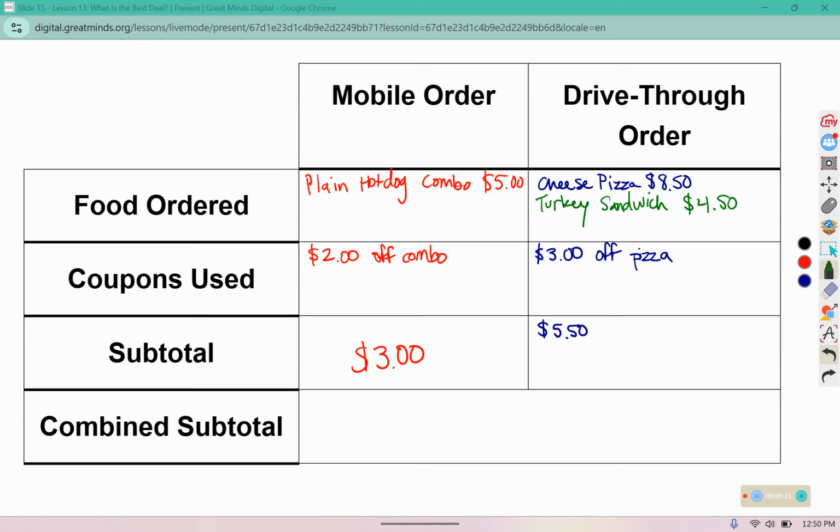Using the paper coupons, $1.50 off of a regular sandwich can be used, which means that our sandwich is going to cost $3.